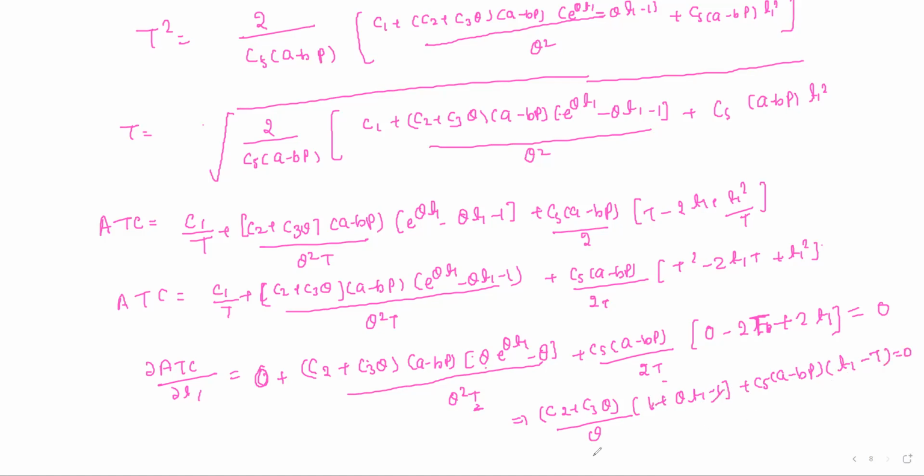After solving it, we get C2 plus C3 theta T1 plus Cs (A minus BP) (T1 minus T), and this is equal to 0.